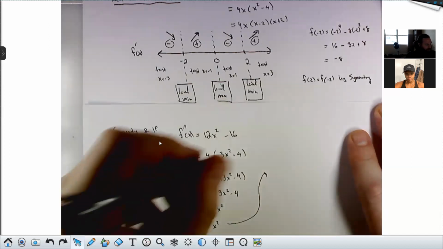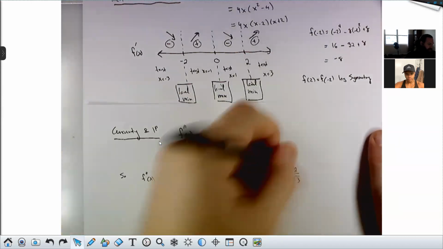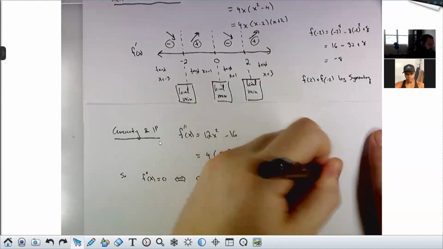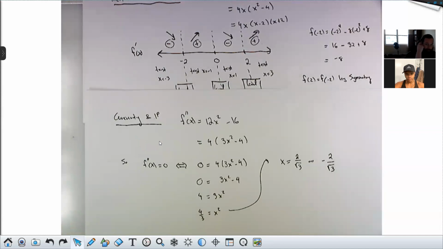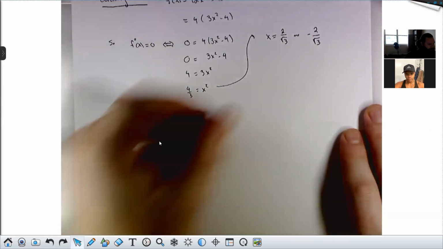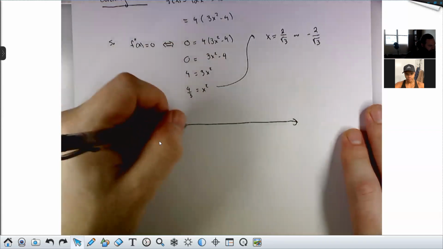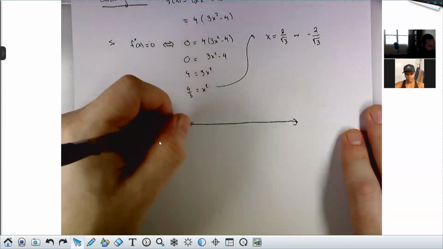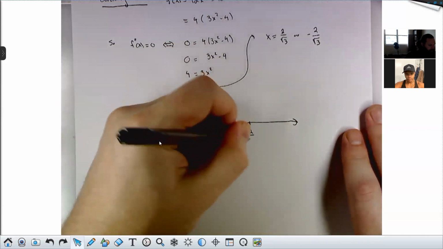So f double prime is equal to 0 if x is equal to 2 over the square root of 3, or negative 2 over the square root of 3. We just take square roots on both sides. So on my number line for f double prime go those two numbers. Negative 2 over root 3. Positive 2 over root 3.